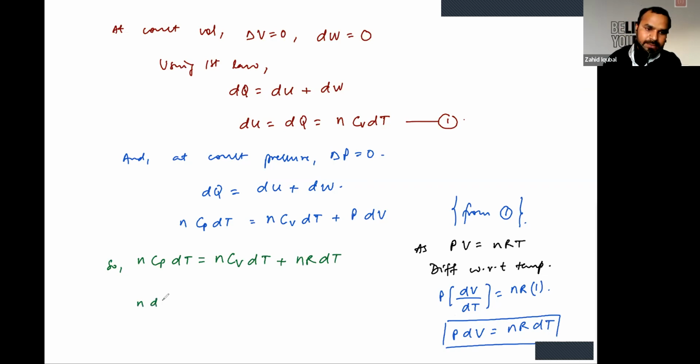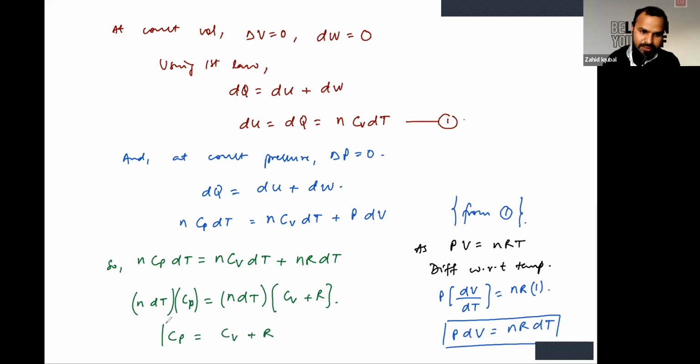So n dT times Cp is equal to n dT times (Cv plus R). So n dT will cancel out, and you'll get Cp is equal to Cv plus R. This is called Mayer's relation.